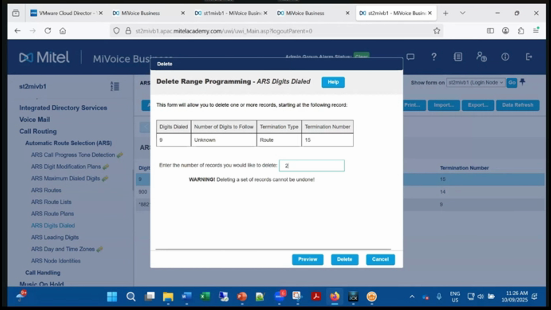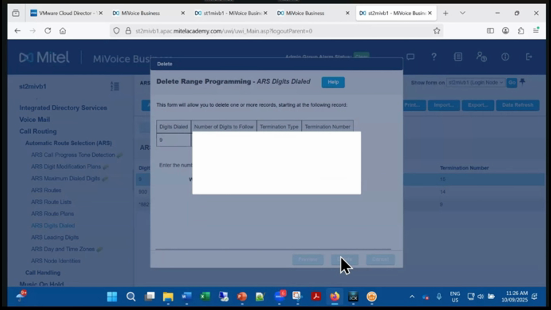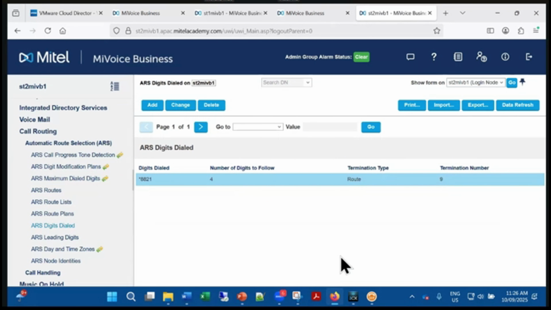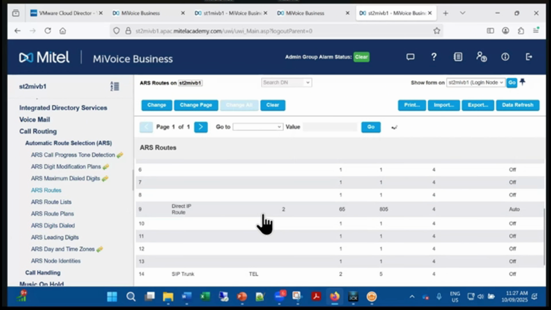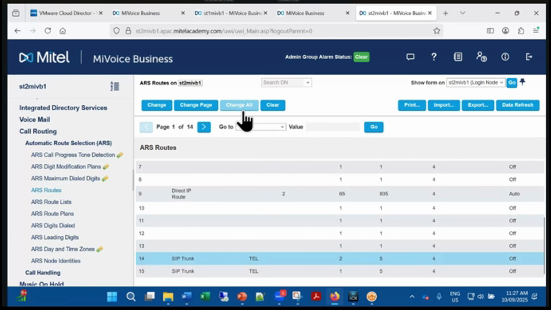Delete two numbers. And my roots. I'm going to clear the two roots that I've configured.